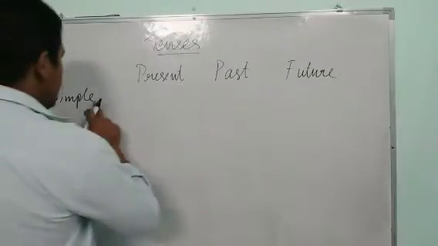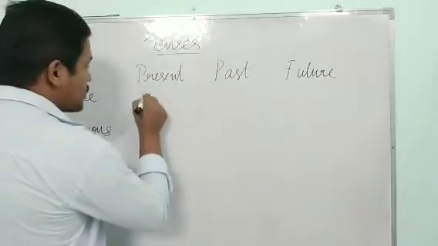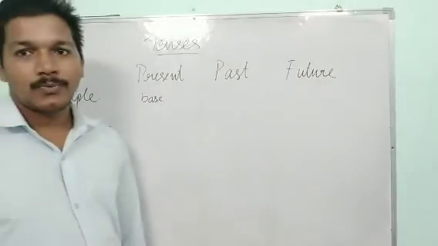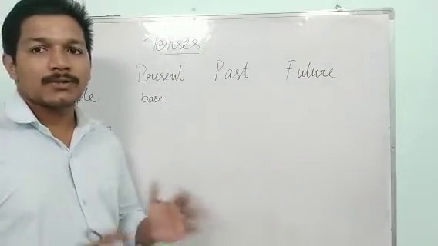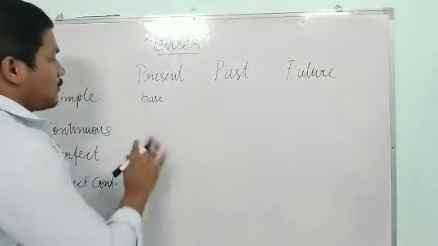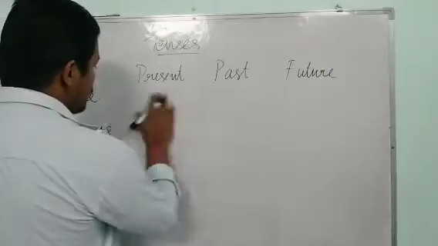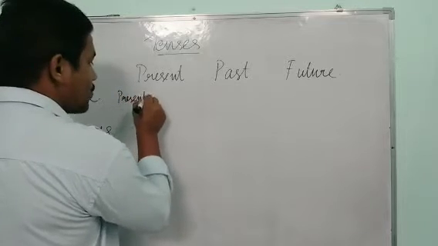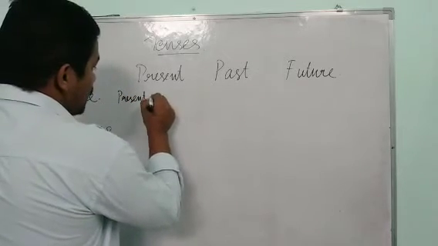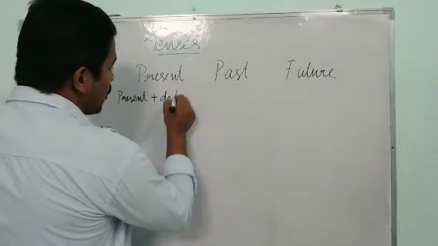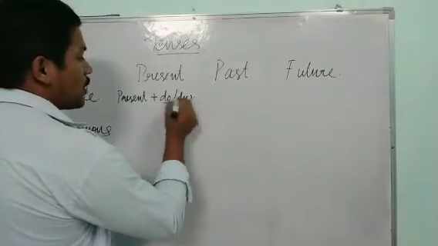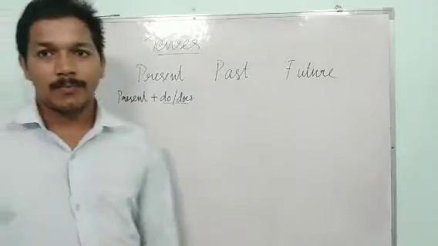Simple present tense uses the base form of the verb. There is no past form or any other form used. We can say the present form or base form, but do or does is added with the verb.